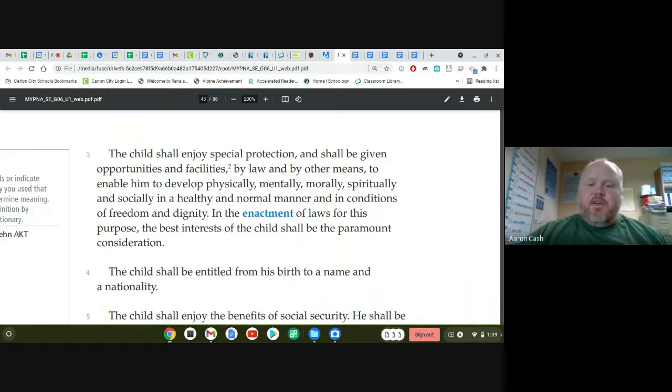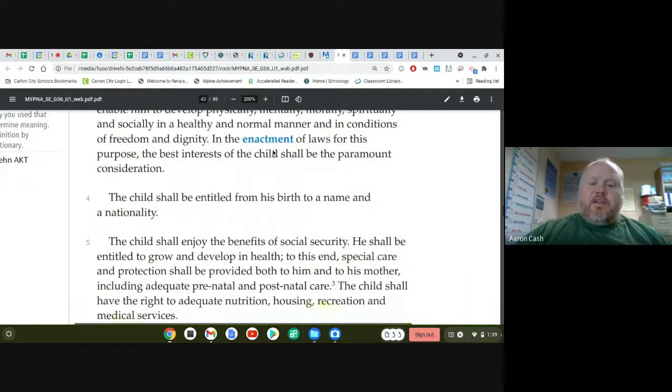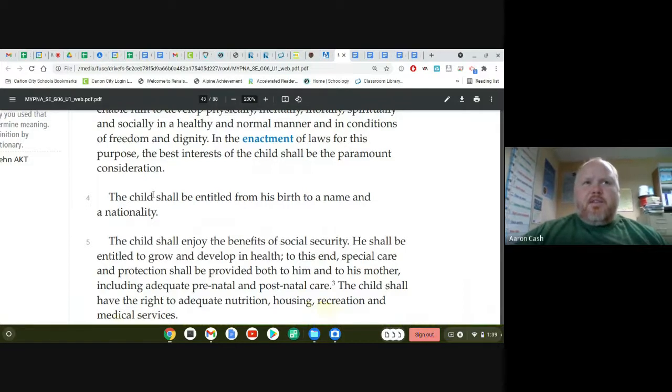Okay. The next paragraph is, the child shall be entitled from his birth to a name and a nationality. This one seems a little bit strange when you first read it, but all kids need to be given a name. There are some circumstances in history where people were not given names, they were given numbers.